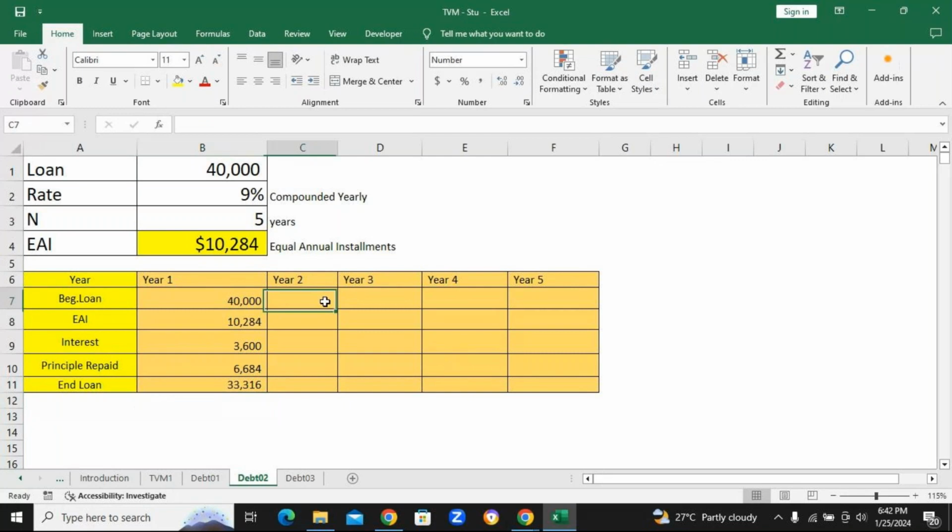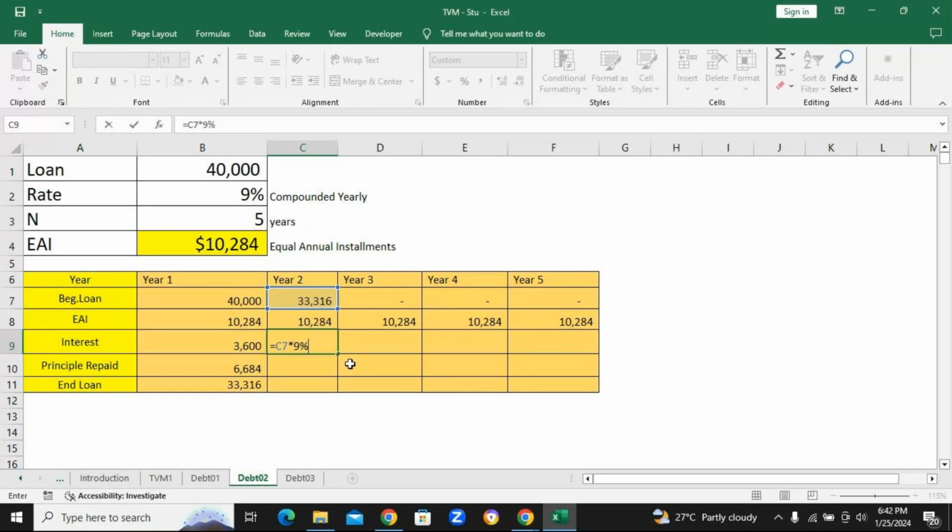In the next year, the year end loan amount, what is left, will be carried forward. I'll drag it towards the right, and EAI is going to remain the same throughout all the 5 years. Then interest equals the beginning loan amount for the next year into 9%.